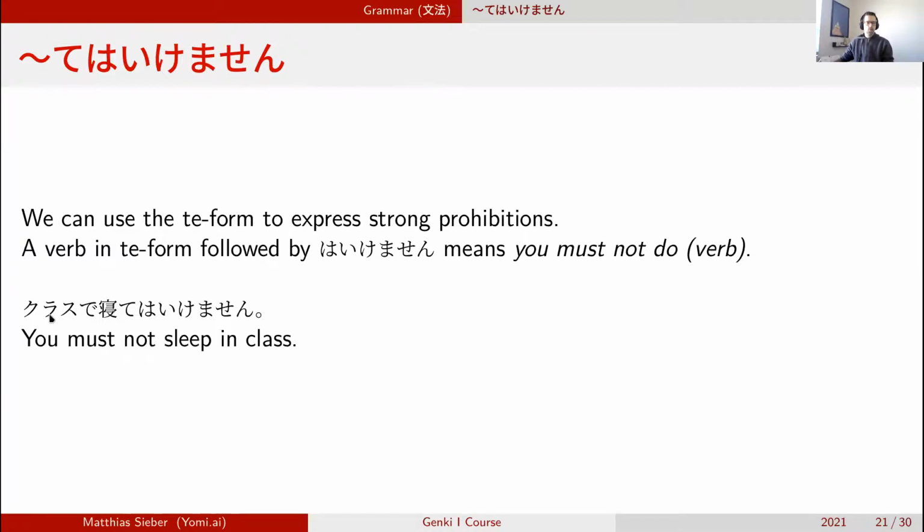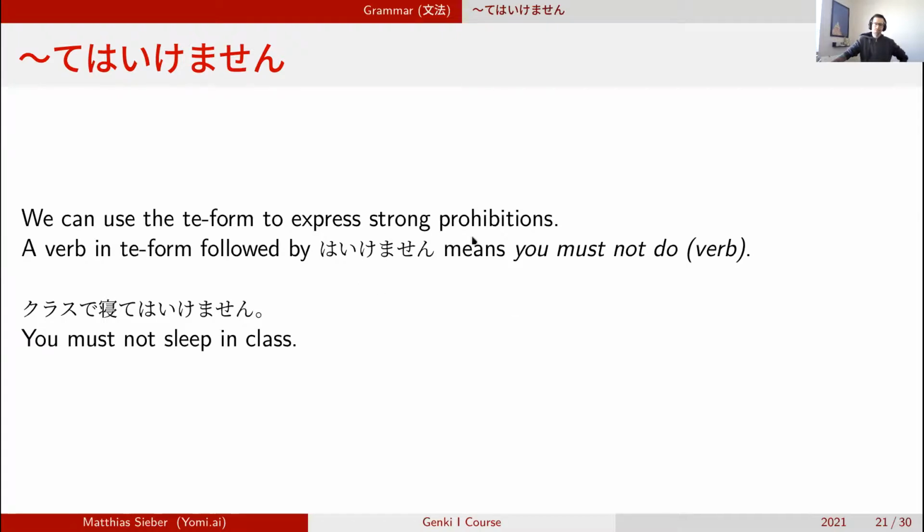For example, kurasu de nete wa ikemasen. Yamashita sensei said, kurasu de nete wa ikemasen. You must not sleep in class. The Genki translation said something like, you cannot sleep in class, but clearly Robert can sleep in class.